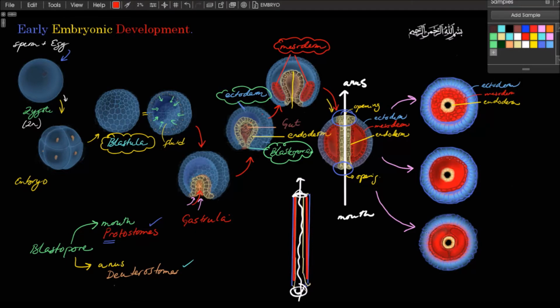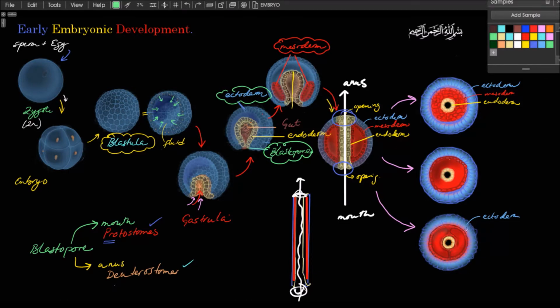And the third scenario here is the best. The mesoderm hugs the ectoderm. As you can see, it covers all the way across over here. And then it also hugs the endoderm over here like this. So it covers both the ectoderm and the endoderm, but there's a fluid-filled cavity in between, within the mesoderm itself.